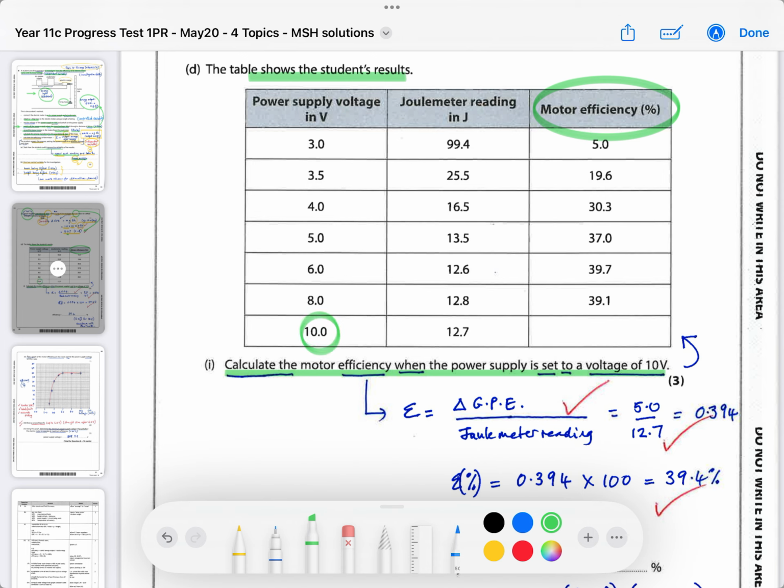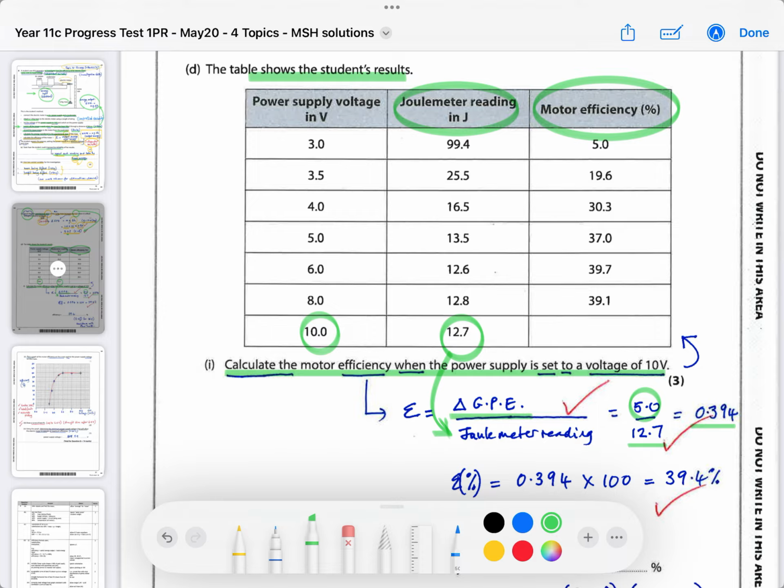Now remember, efficiency is the energy output, which is gravitational potential energy, which we just calculated as being 5.0, divided by the energy input, which was the joule meter reading. So you divide 5.0, which we just calculated above in part C, by the joule meter reading, that's the electrical energy input, and that's how you get the efficiency to be 0.394.